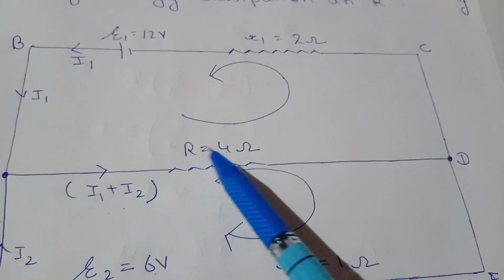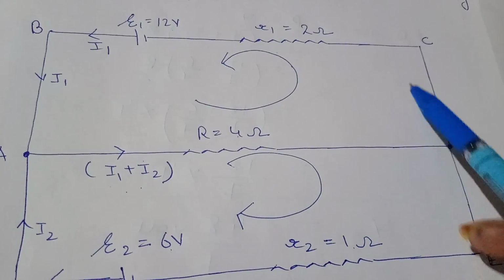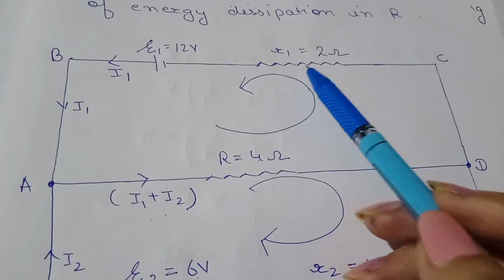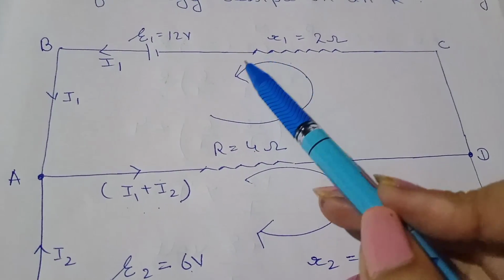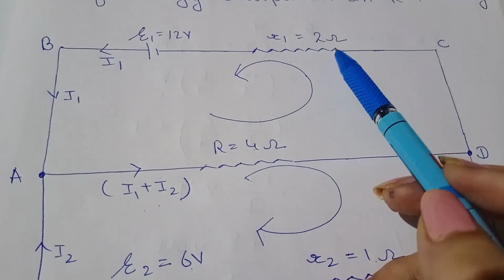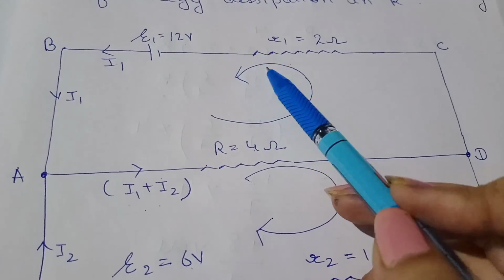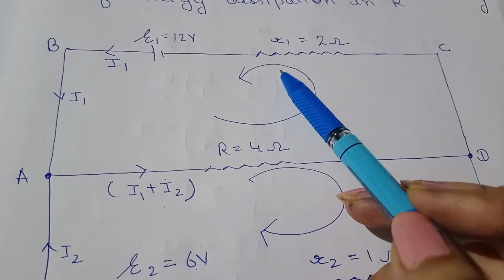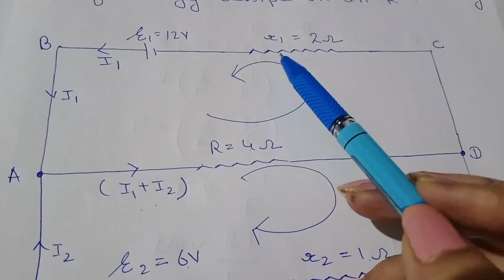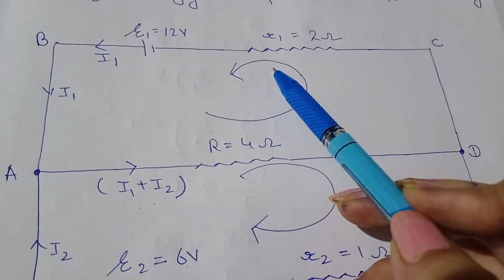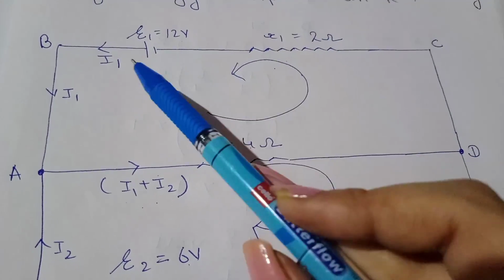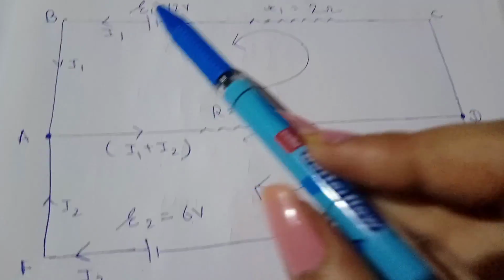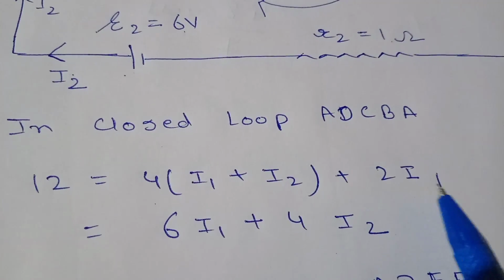ओके, सो देन from going here we'll reach at this resistance. Here also the direction of our path and the direction of current is same. Okay, so then here again the potential drop is positive and we write it as 2 and the current is I1, so we write it as 2I1.